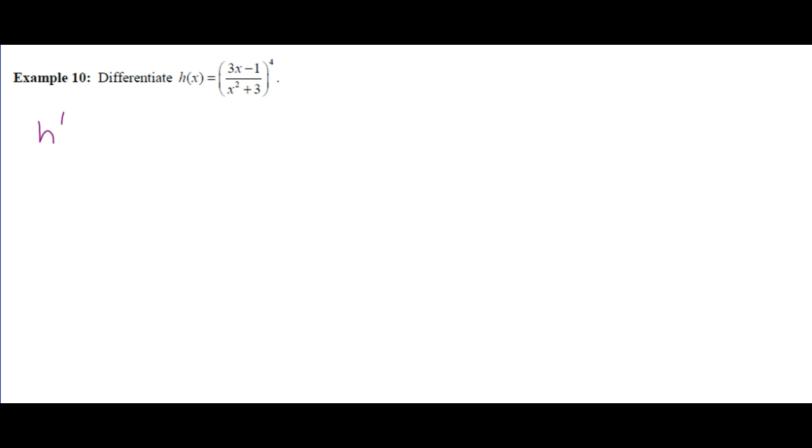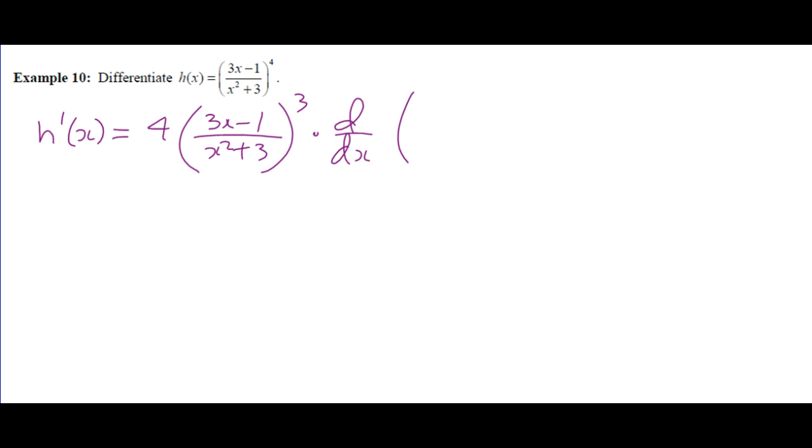So h prime of x is 4 times, okay, whatever we got in the brackets, 3x minus 1, x squared plus 3 cubed, times the derivative with respect to x of that inner function.